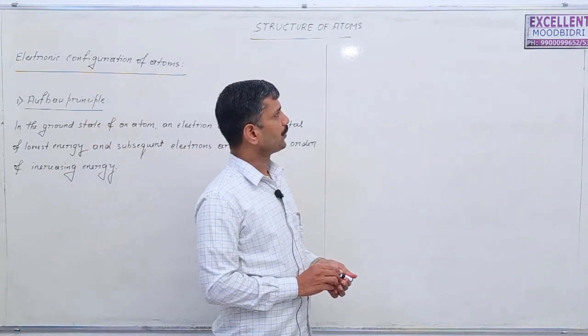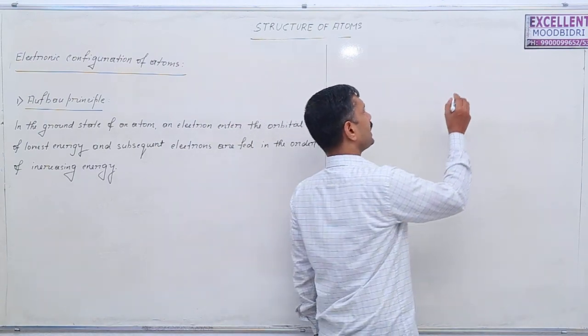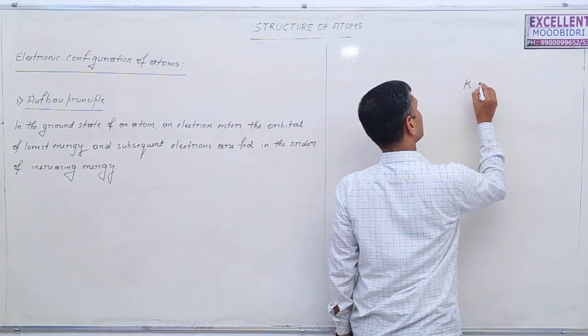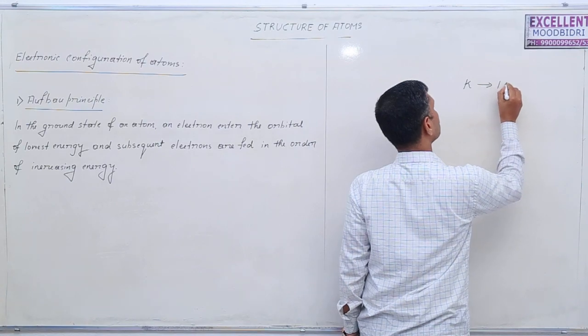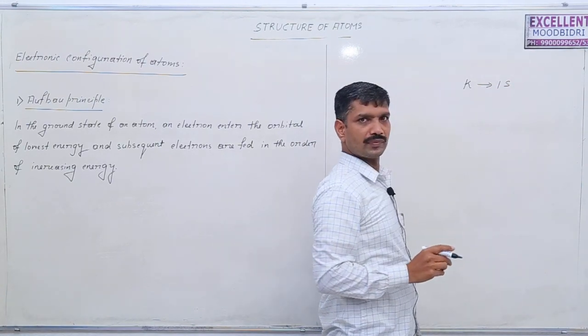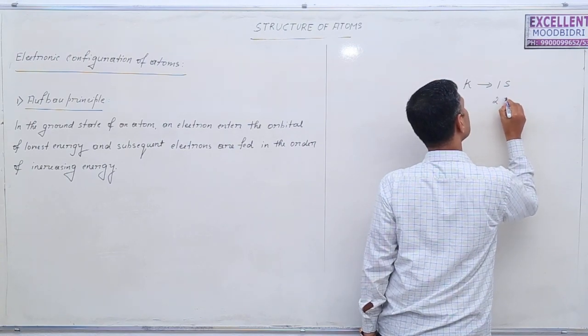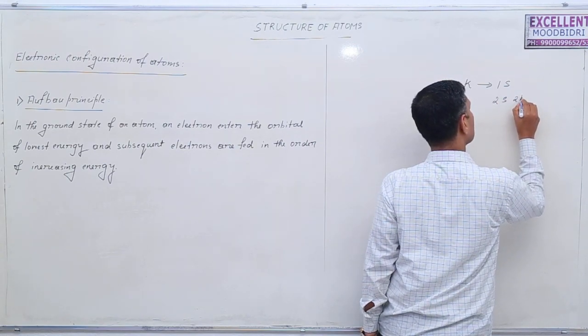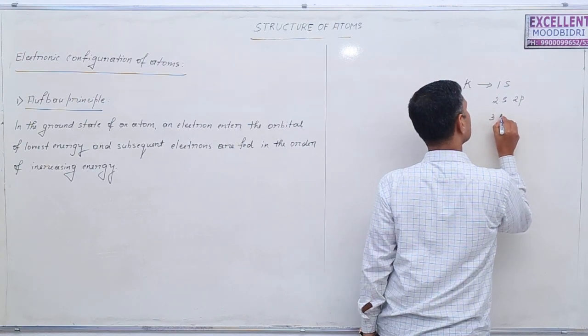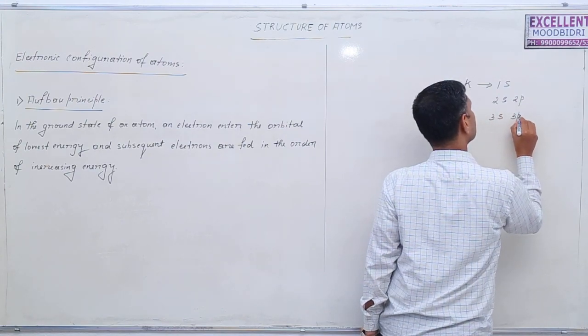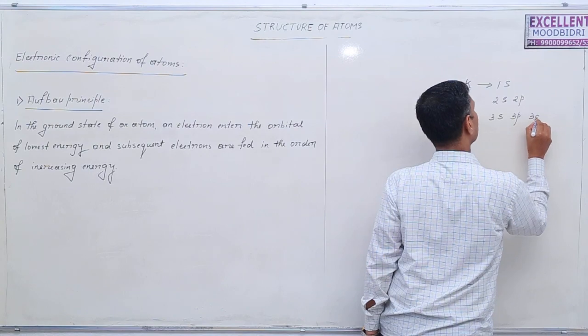Here, we know that the K shell has only one subshell, which is called 1s. Next, the L shell has 2s and 2p subshells. Next, 3s, 3p, 3d subshells.